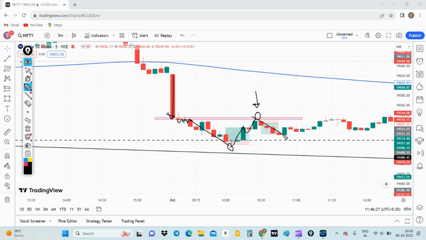We took a resistance, and then we saw again a fall. So from this trade, I went long, bought the 19,500 call, and then again at this spot I entered 19,550 PE, wherein I was able to make around 4k profit from this trade.